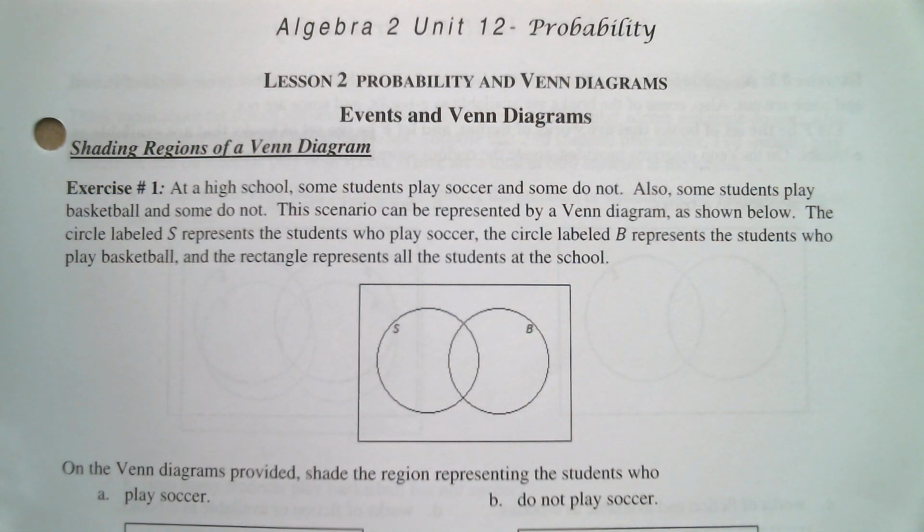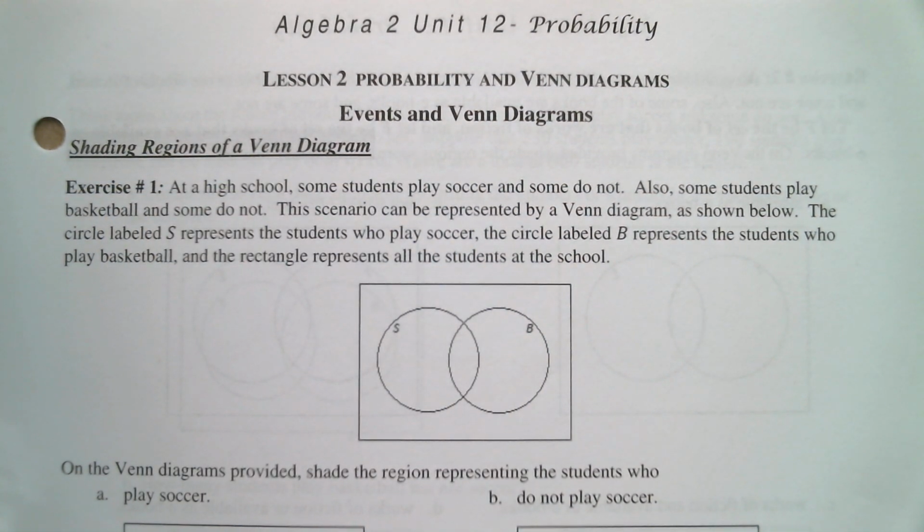So probability and Venn diagrams, starting with Venn diagrams first, and shading regions of Venn diagrams. Exercise number 1. At a high school, some students play soccer and some do not. Also, some students play basketball and some do not.